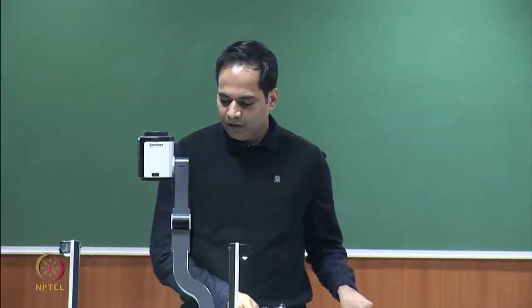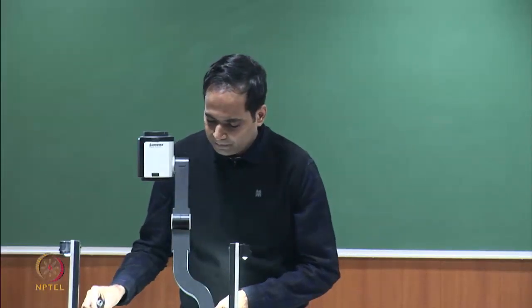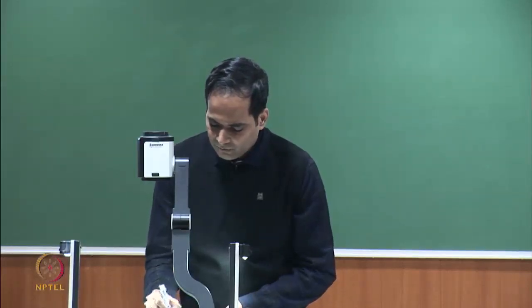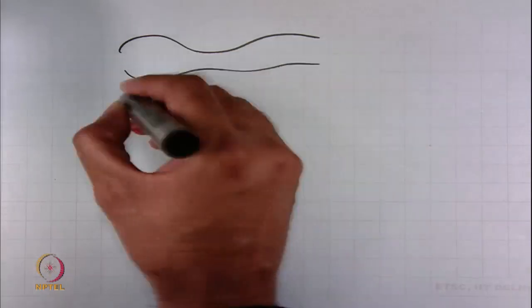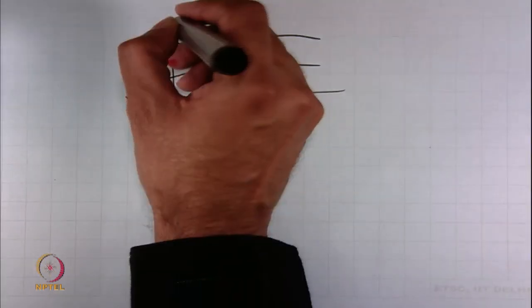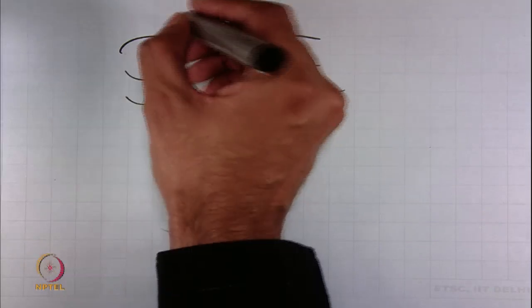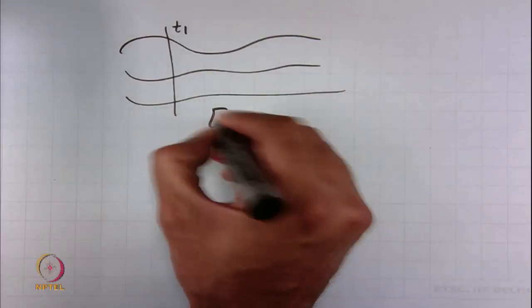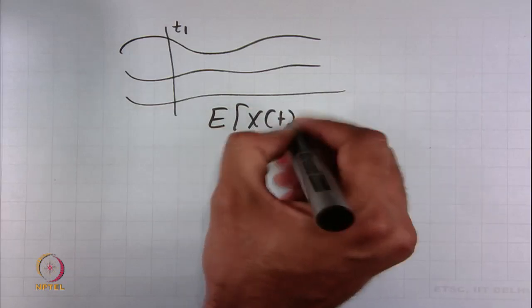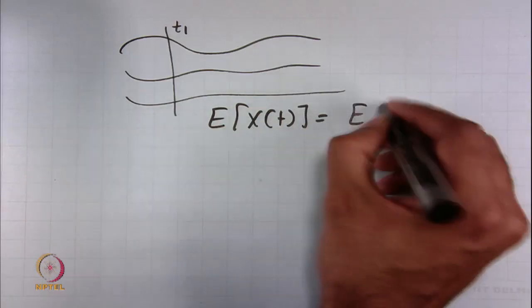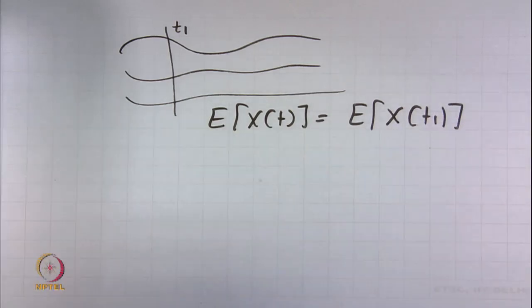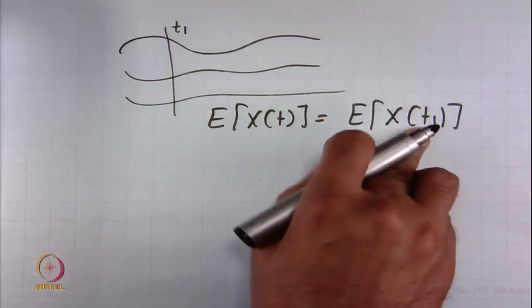What should happen to the mean? Normally, as we have illustrated before, what is the mean of a random process? You sample this random process at a time instance t1, then the mean of the random process can be understood as the mean of this random variable xt1. xt1 is a random variable.